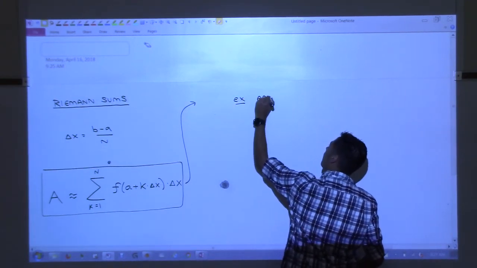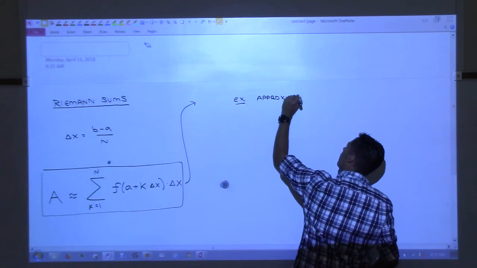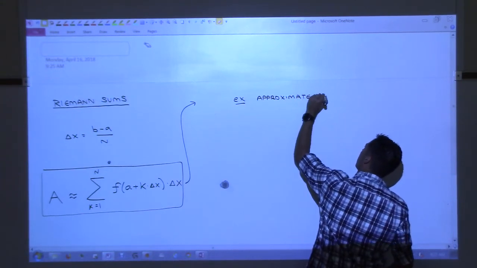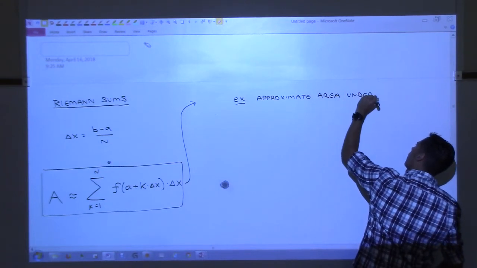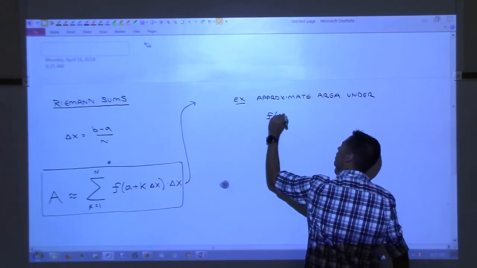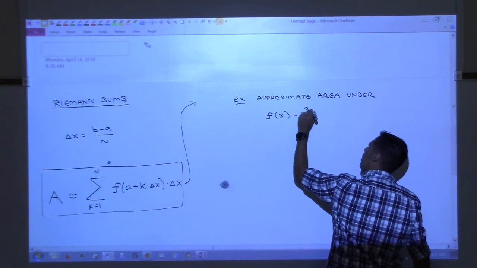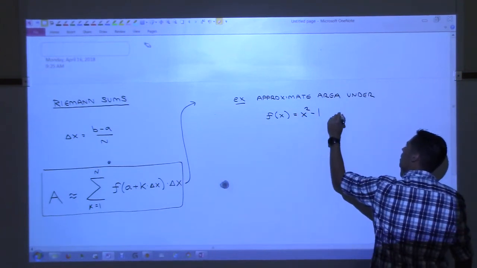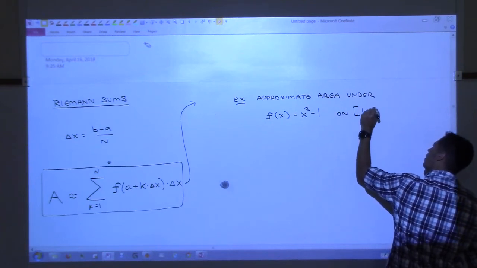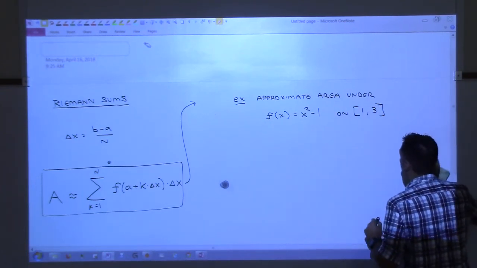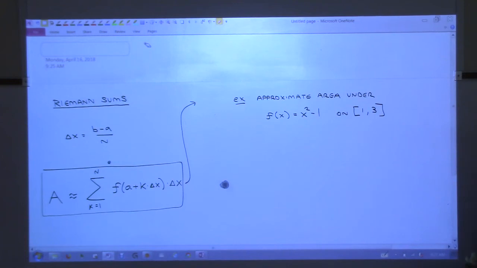Approximate the area under f of x equals x squared minus 1 on the interval 1, 3. We'll give ourselves some easier numbers to work with here.